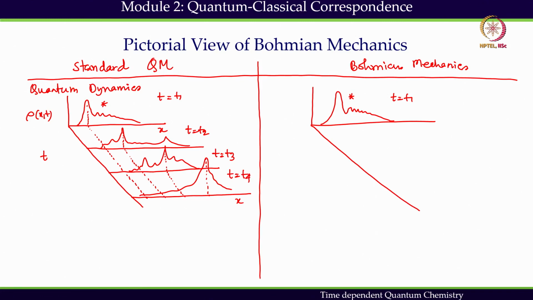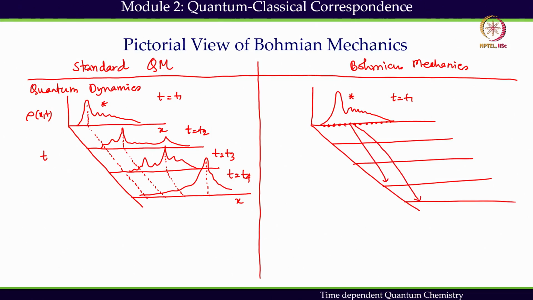Initial distribution can give me different possible positions of the particle, and it shows at different times how these individual particles are moving with a velocity. Each position will have a certain trajectory, and these are called quantum trajectories.